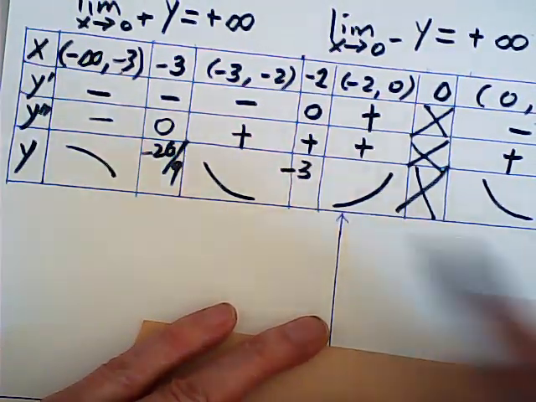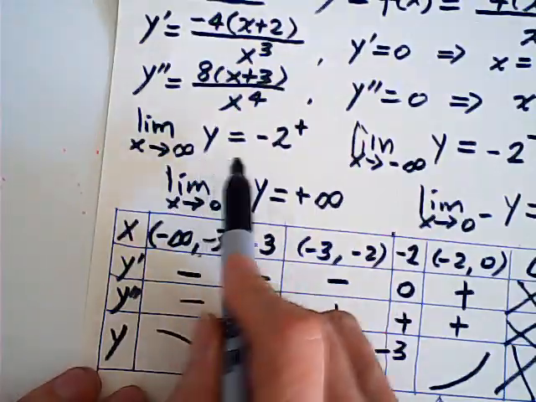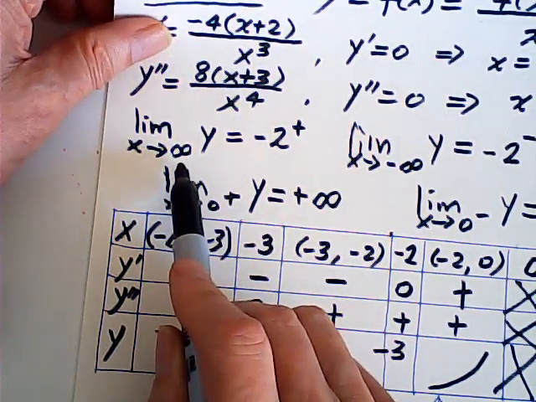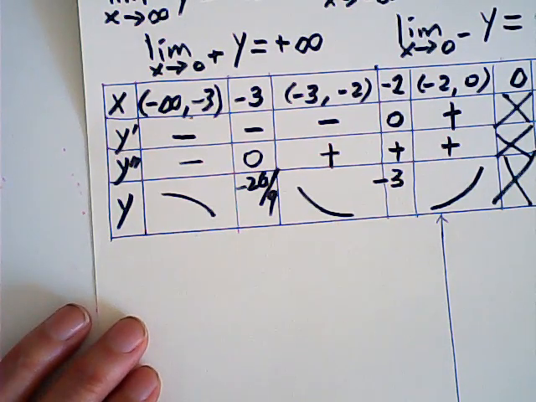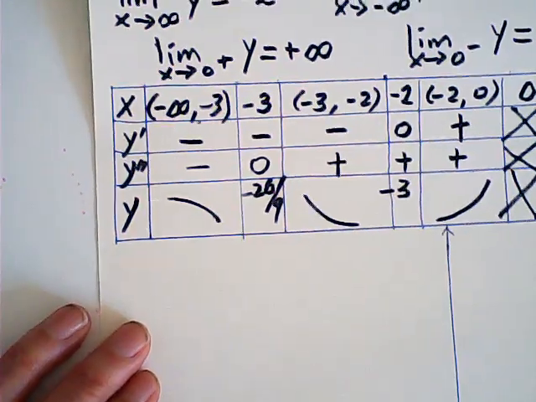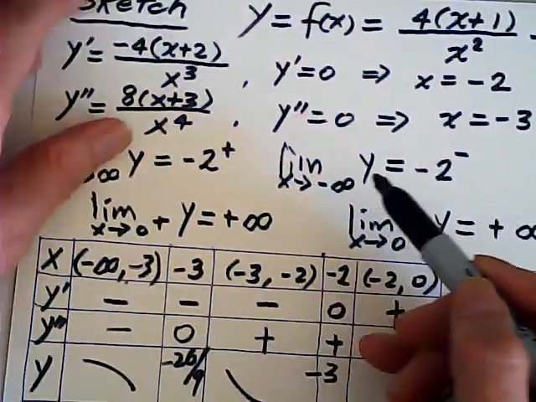Okay, almost ready. Then the asymptote. When x is infinity, y is -2 from above. No, sorry, I took the wrong piece.